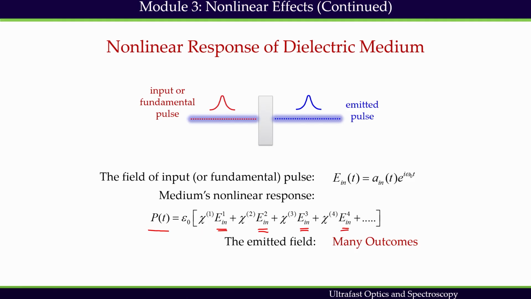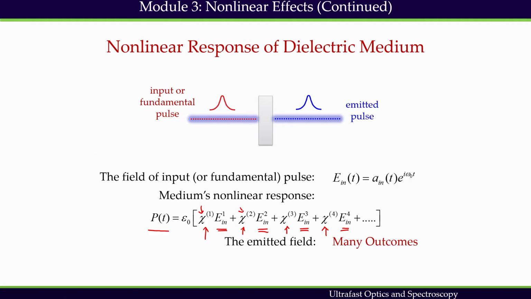The terms proportional to E square, E cube, and E to the power 4 and so on represent the nonlinear polarization of second, third and fourth order respectively, and the associated chi represent frequency dependent second, third and fourth order electric susceptibilities respectively.